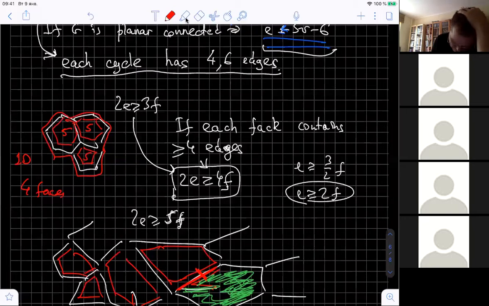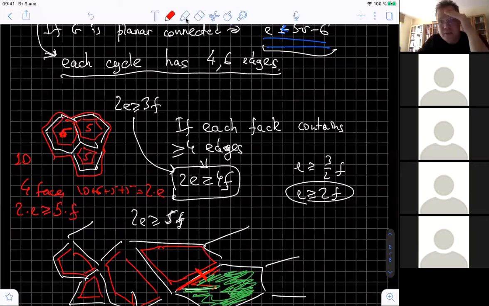Sir, does one of the faces have six edges? Yeah, six. So it will be just the number of edges, or 2e. So I can write that 2e is greater than 5 times the number of the faces, because each face contains 5 or greater.